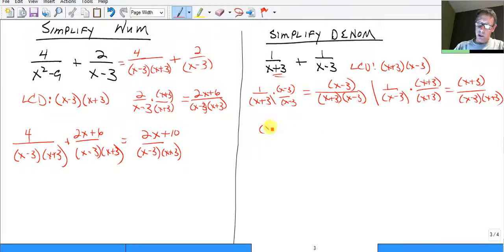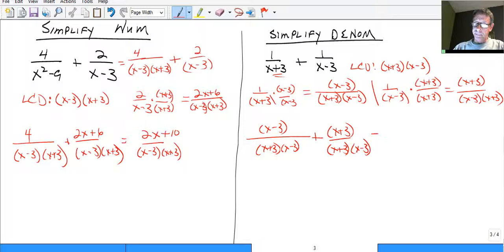So I'm going to have (x - 3) all over (x + 3)(x - 3), plus this term in its new equivalent form, which would be (x + 3) over (x + 3)(x - 3).